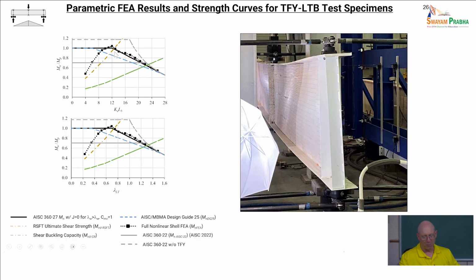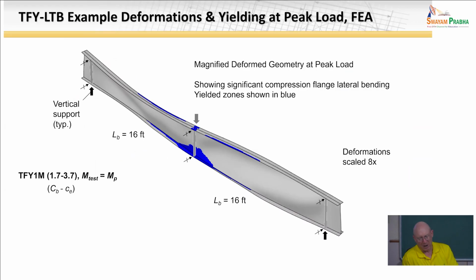So this gold curve here versus what we're getting from the simulation results in the curve with the black dots. And same type of behavior I showed you earlier for a specimen where we're reaching elastic buckling resistance at a point that in the current AISC specification would be essentially taken as the plateau strength.